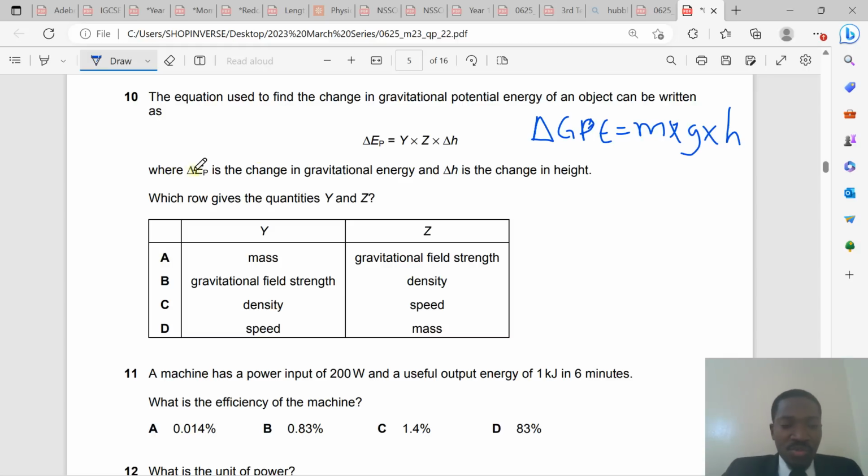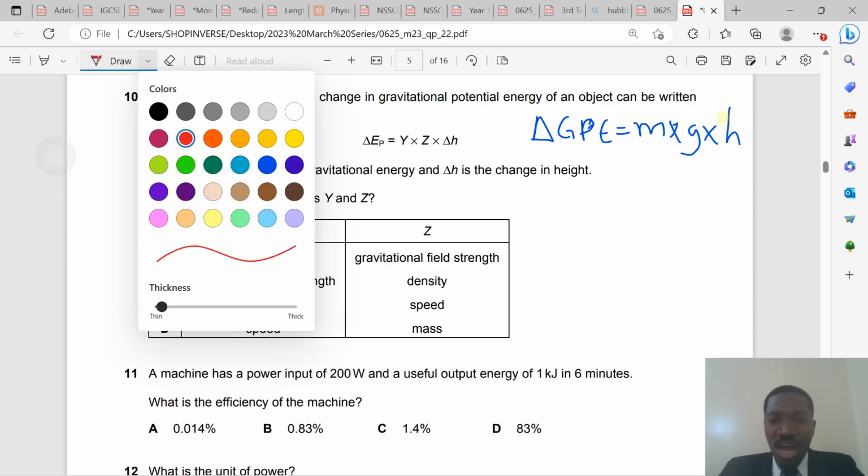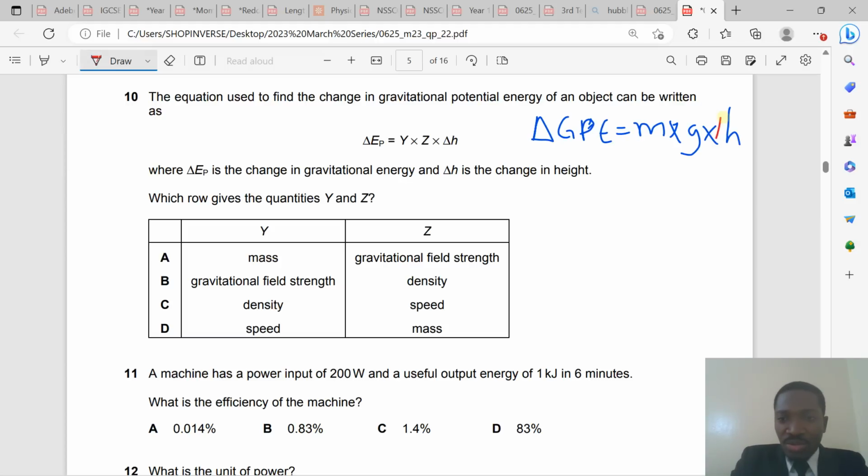Now this says where delta E subscript P is the change in gravitational potential energy and delta h is the change in height. You can decide to represent the height with this symbol delta h, meaning the change in height, okay.